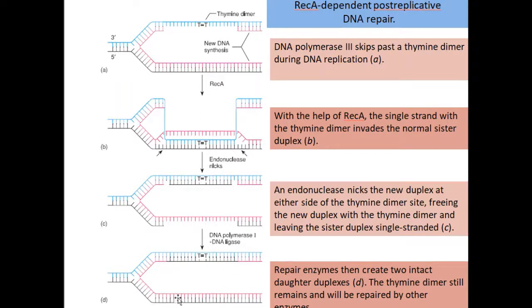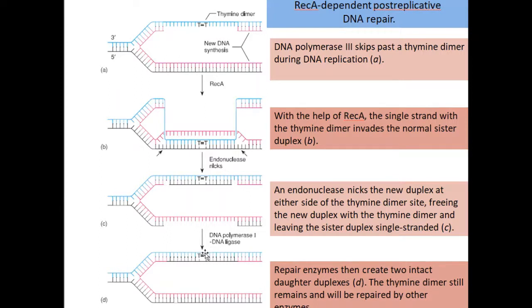You can see here DNA polymerase action, and as a result, new DNA synthesis will happen, and the nicks would be sealed with the help of DNA ligase. Even now you can see that the thymine dimer still remains over here. But the gaps which were found on either side of the thymine dimers are removed with the help of the RecA dependent post-replicative DNA repair system. Thereafter, the thymine dimers will be removed by using various other enzymes as we described earlier.